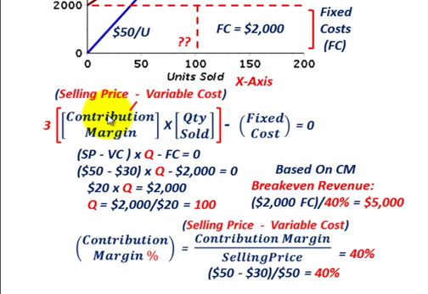I'm just showing it in terms of the contribution margin. We had to determine our contribution margin percentage, and then based on that, we were able to determine our break-even revenue. Okay, so that's for our break-even point and our break-even revenue.